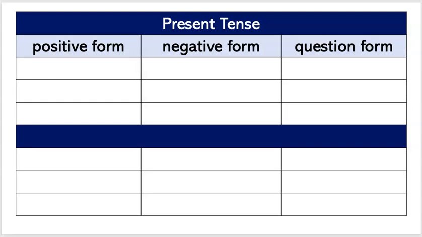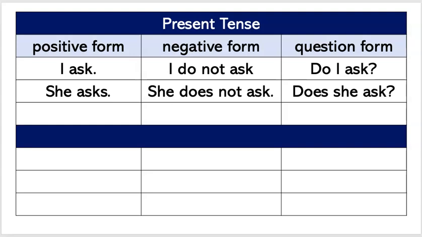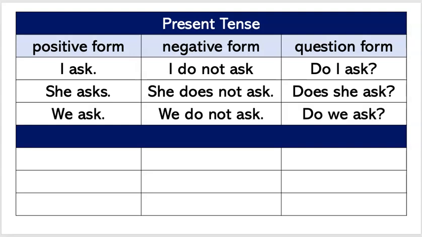For example, I ask is affirmative, I do not ask is negative, do I ask is the question format. She asks, she does not ask, does she ask? We ask, we do not ask, do we ask?